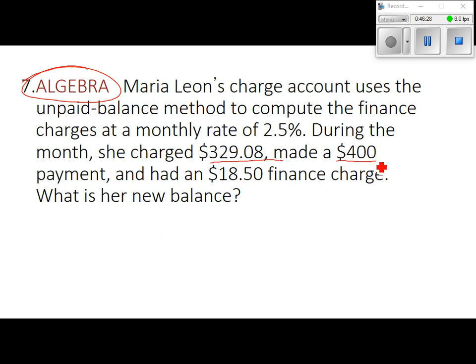What's different about those two? This is how much she charged, new charges, right? And this one is a payment. So are we adding that on? That's getting subtracted off, right? So you have to make sure that you're subtracting it off.